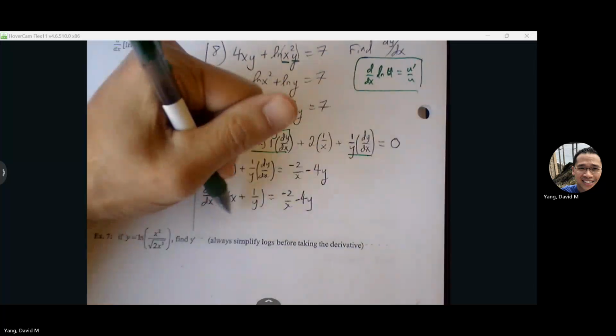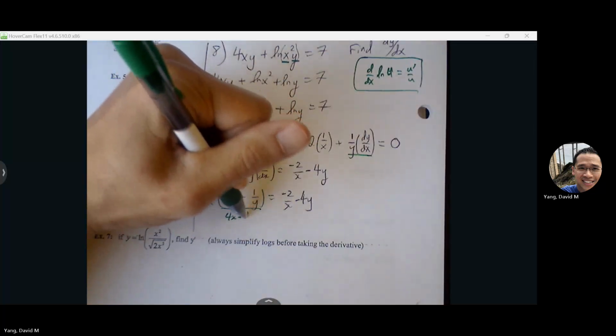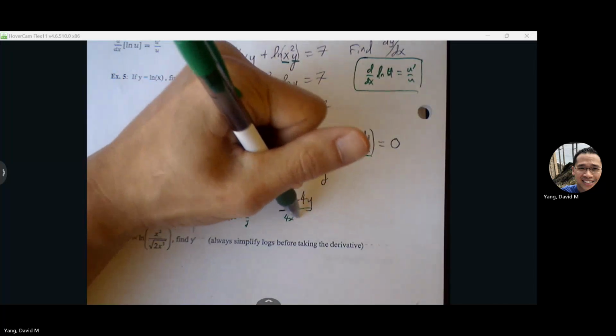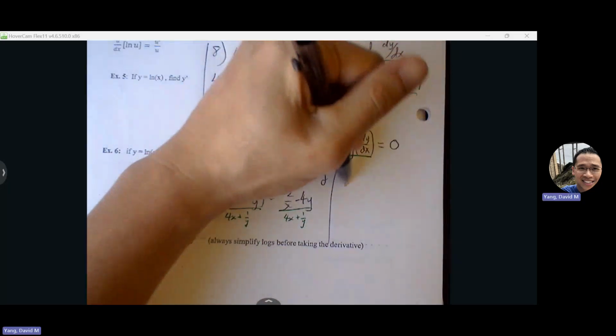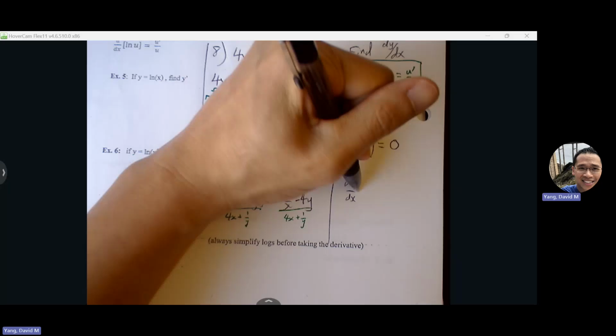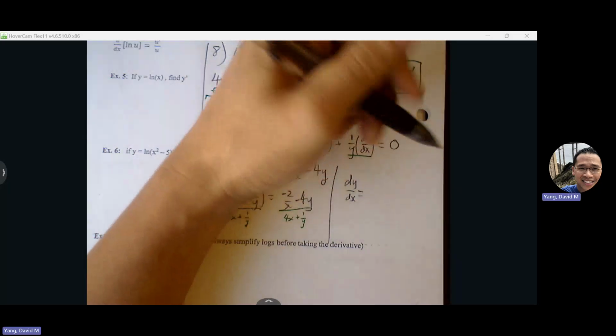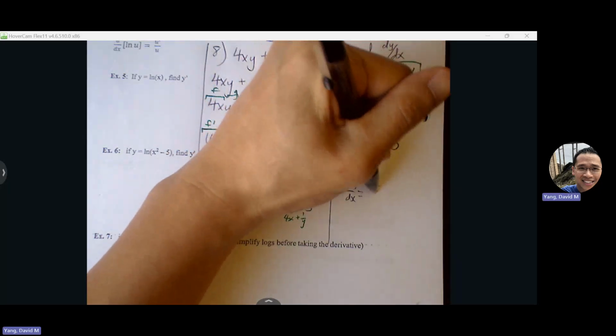Yeah, divide that parentheses over. Okay, our derivative looks messy, but we don't have to worry about cleaning up the complex fraction.